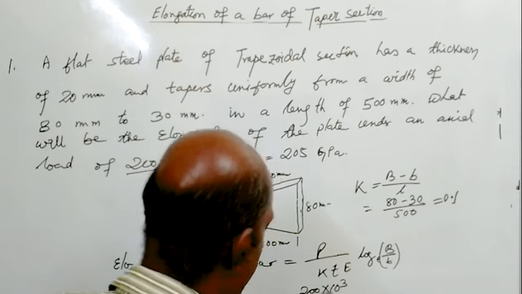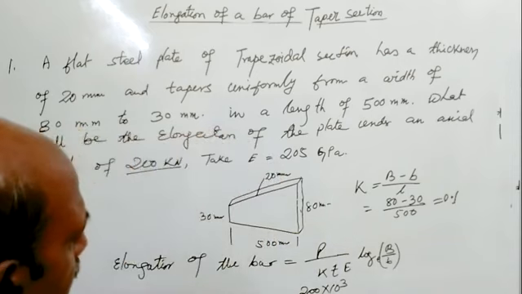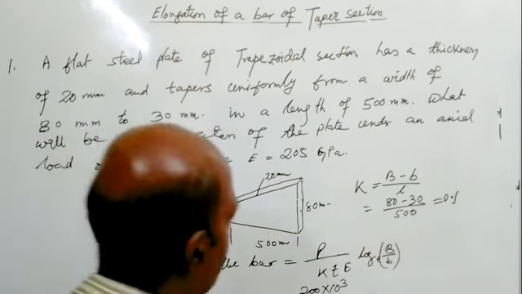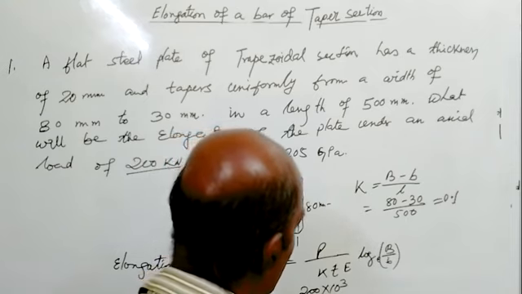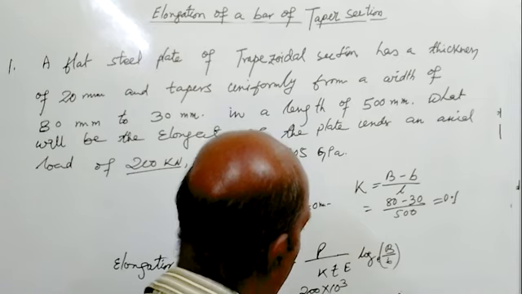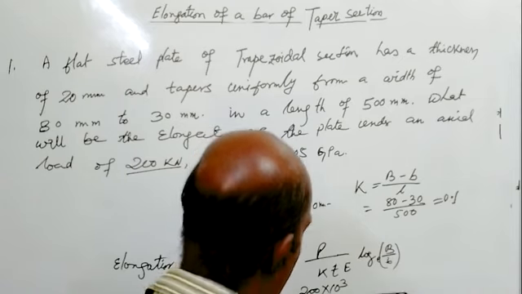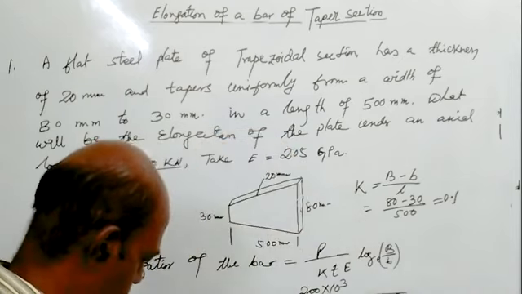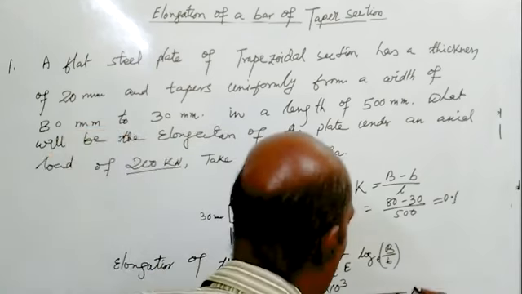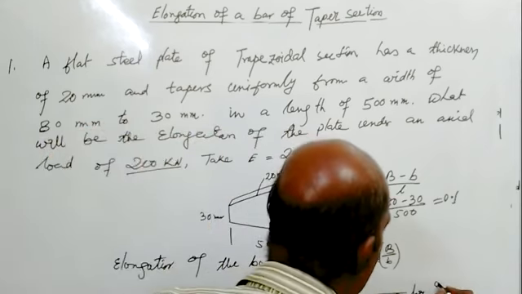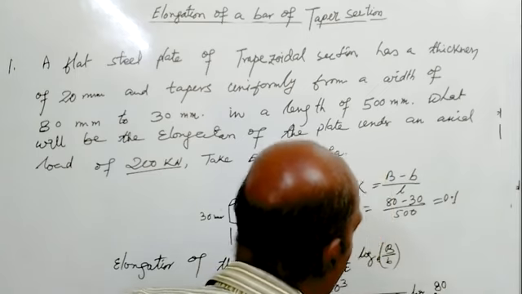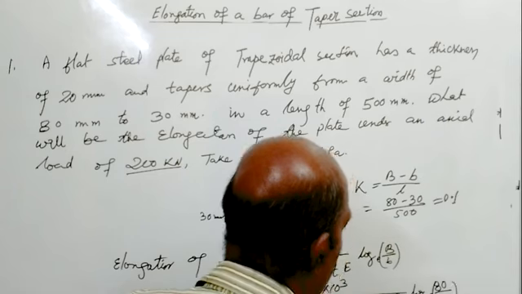E is given as 205 gigapascal, so in Pascal it is 10 to the power 9 Newton per meter square, into log capital B value 80 divided by small b value 30.